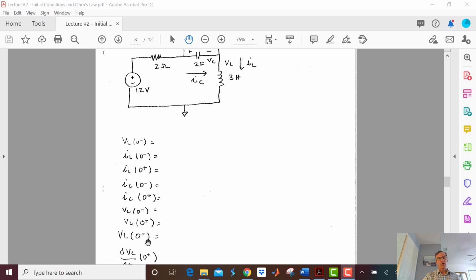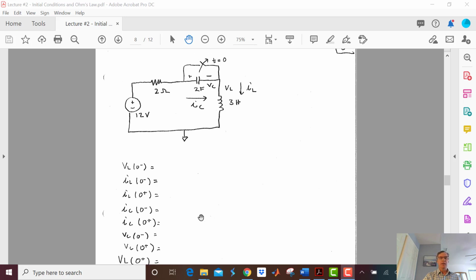So VL at 0 minus, we know is going to be 0 because at steady state there's no voltage across the inductor. But what is it at 0 plus? The inductor voltage can change quickly, but what's it going to be?